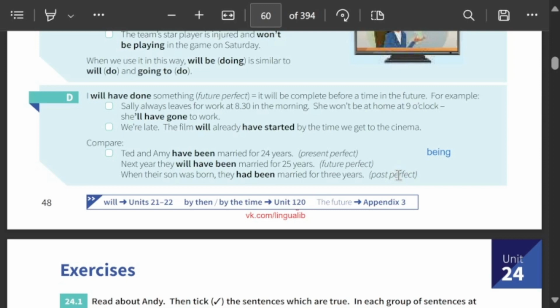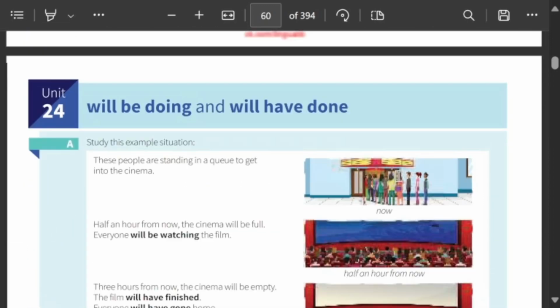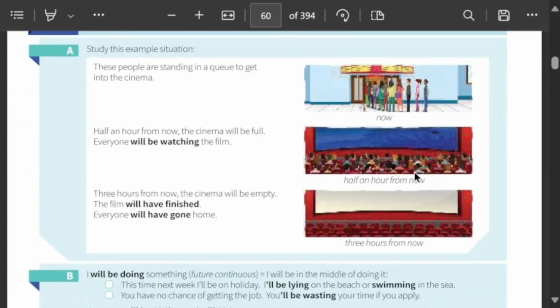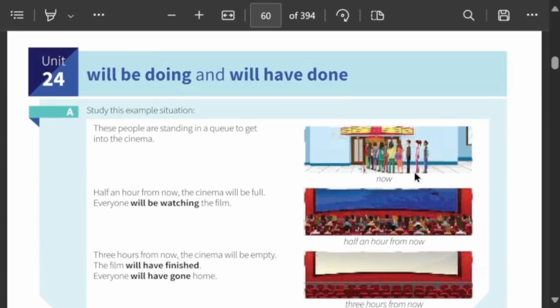Okay, so this was future simple and future continuous and future perfect. So now you know the three tenses in the future. Future simple, future continuous, and future perfect.